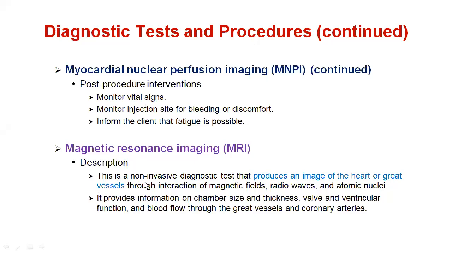The MRI is a non-invasive diagnostic test that produces an image of the heart and blood vessels. It provides information on chamber size and thickness, valves, ventricular function, and blood flow through the blood vessels and coronary arteries.